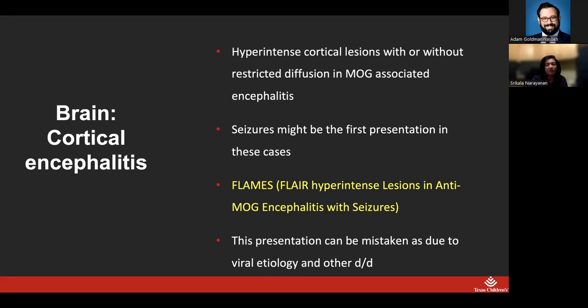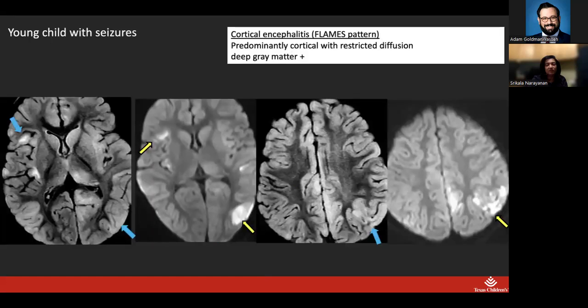And this can be mistaken for a viral etiology, a viral encephalitis, or other differentials. So it's good to keep in mind that MOG can also present as cortical encephalitis. And here's a young kid that presented with seizures, where you see a typical, very cortical-based increased T2 signal with reduced diffusion and some deep gray involvement here.